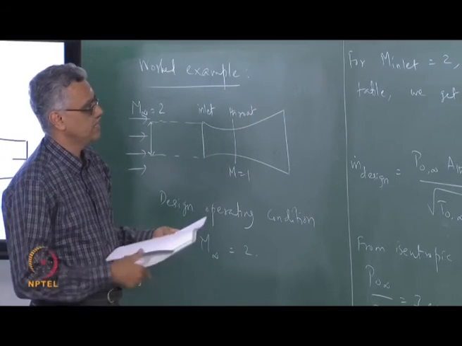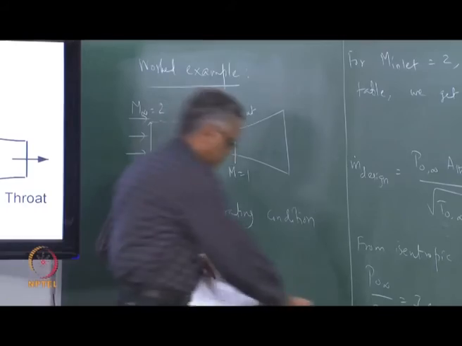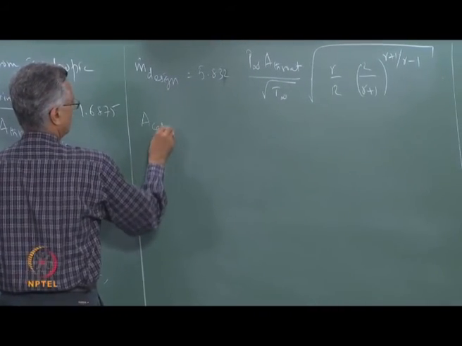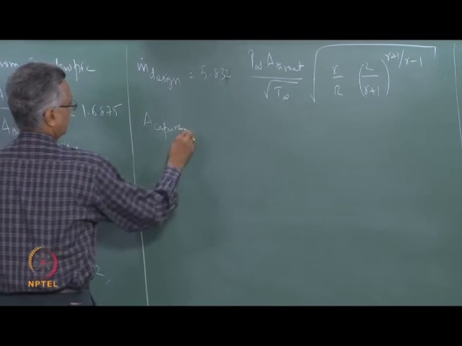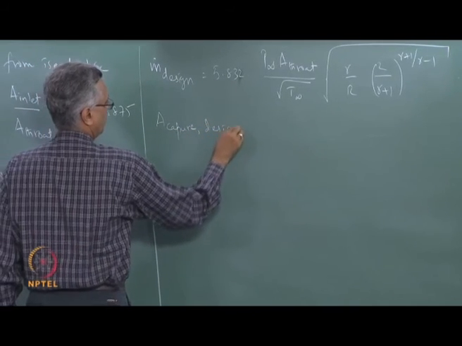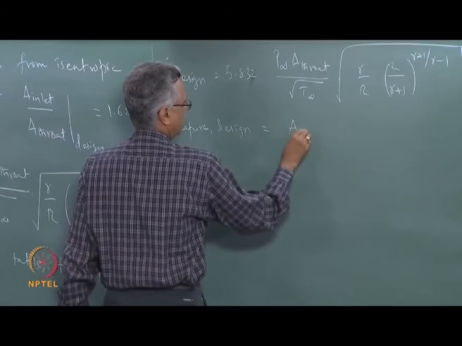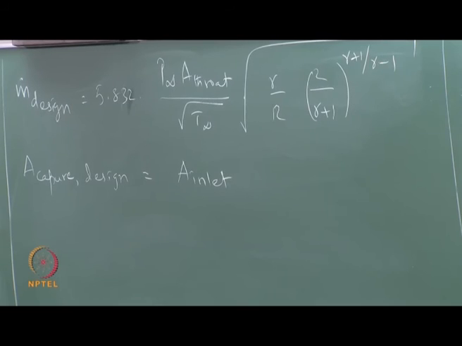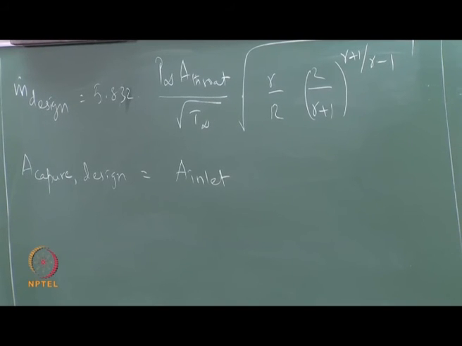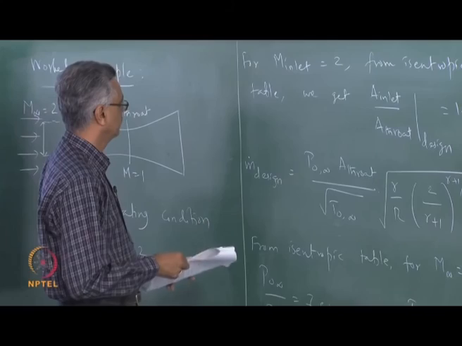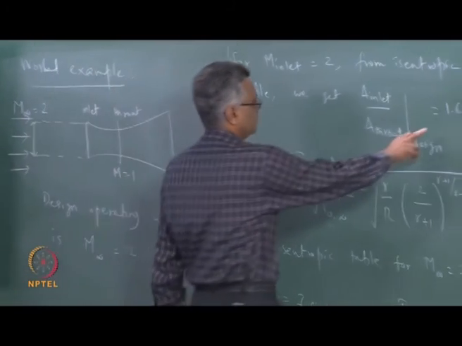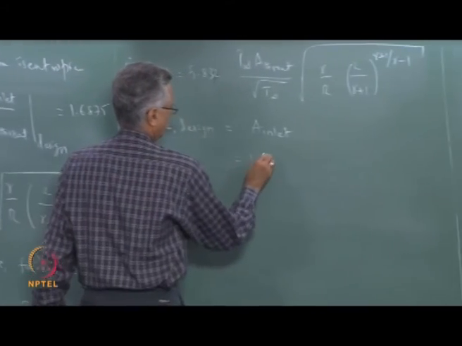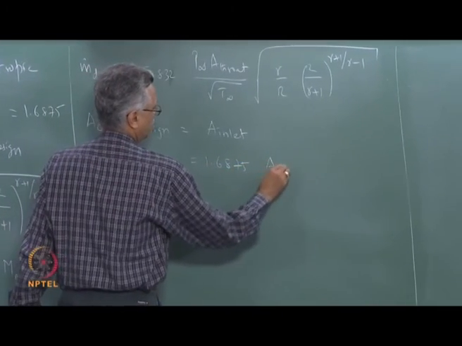Okay. So, in this case, for design operating condition, A capture is the same as the inlet area, which itself is 1.6875 times the A throat.